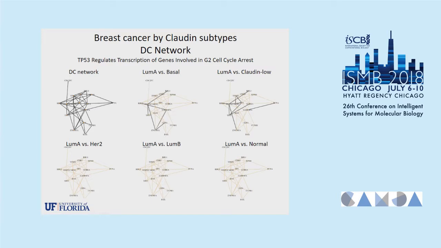For each clinical subgroup, like Luminal A versus basal, these are the differential connections for those two clinical groups. So you made only the differential connections. Okay, so if you look at these two groups of patients, possibly this gene has the highest degree, so maybe this one is playing some role, whereas in these, it's not.